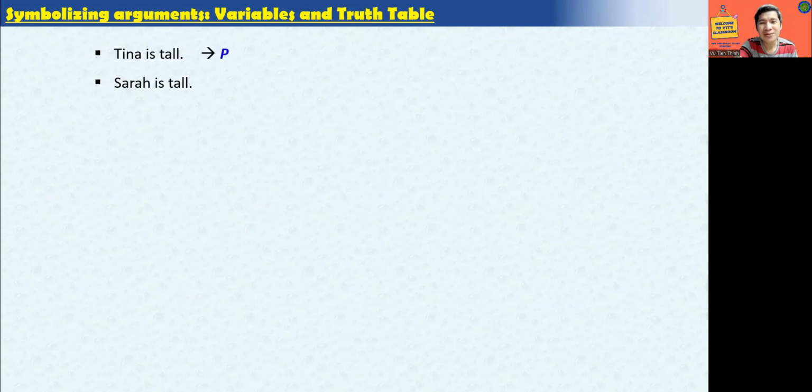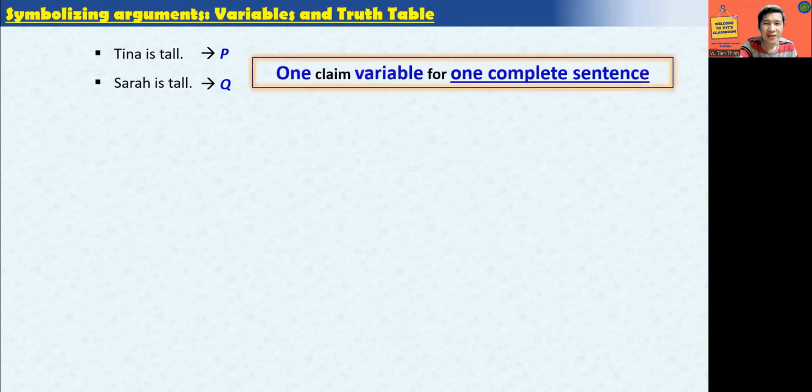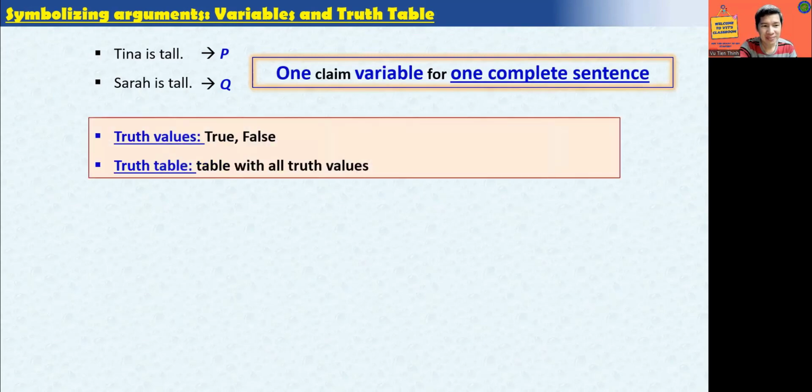If Tina is tall, we symbolize as P. Sarah is tall, we symbolize as Q. Then you can see we have just one variable for the complete statement. Now the truth values, we have two values I have told you already, that those are true and false. And the truth table is a table with all the truth values when we mix all of the variables together.